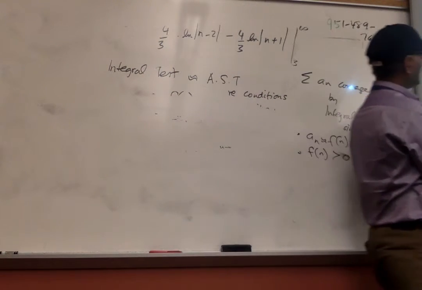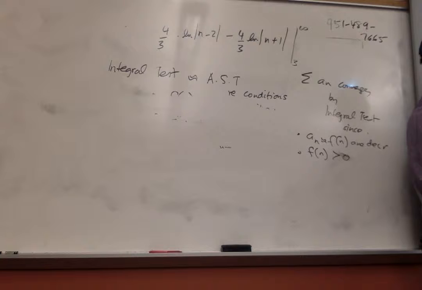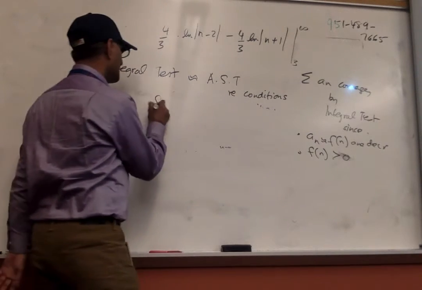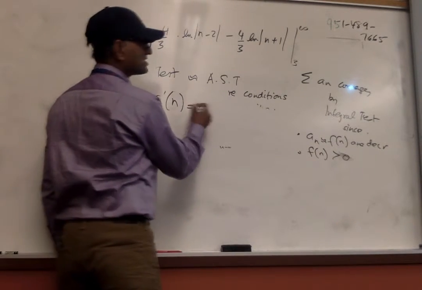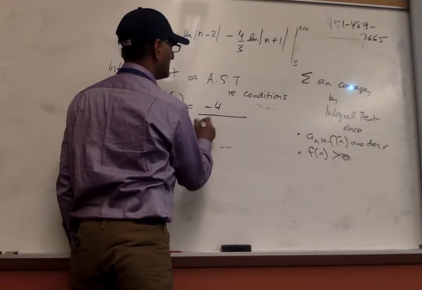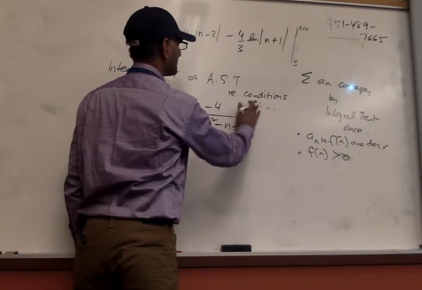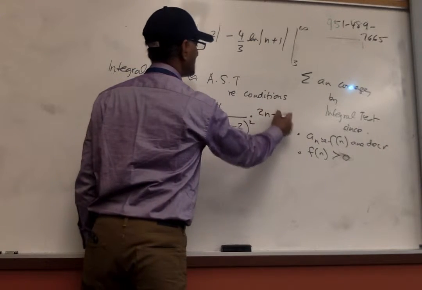Isn't that like 4 over monkey? Do you see that? We're applying chain rule. Isn't that 4 over monkey? So let me make it easy. What's the derivative formula for 1 over monkey? Negative 1 over monkey square. So write this down. Negative 4 over monkey square, chain rule, times 2n minus 1.